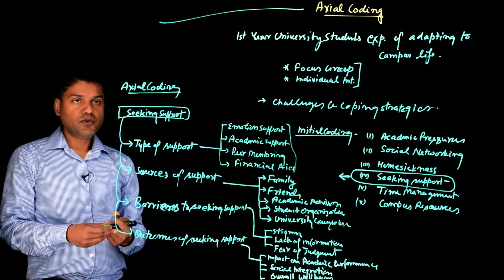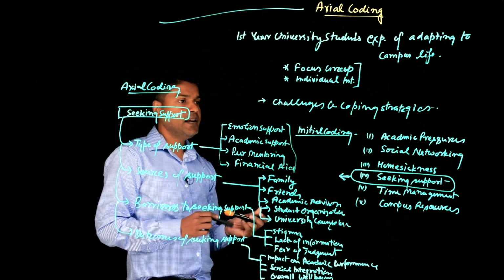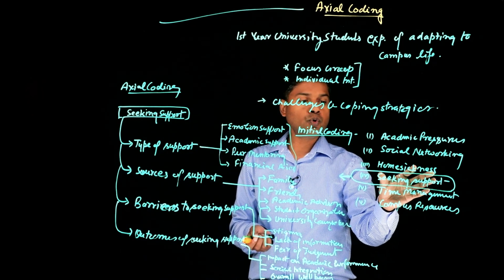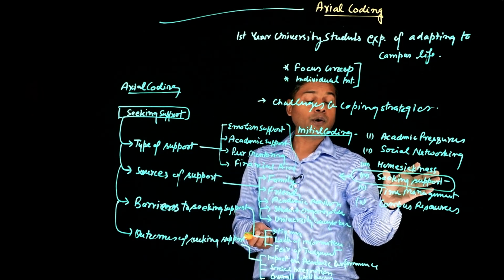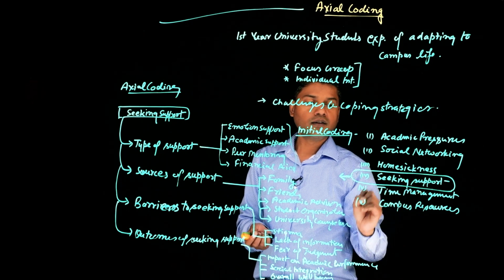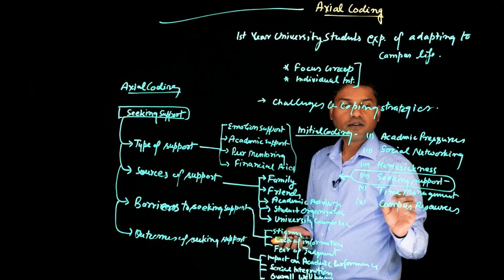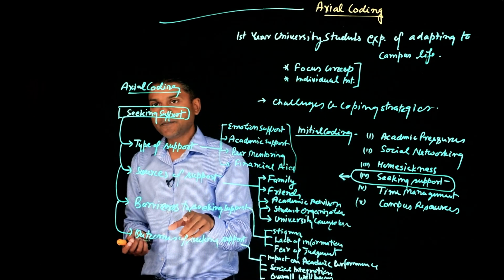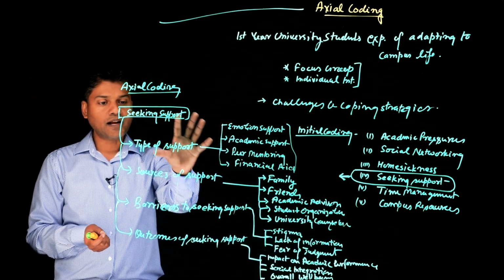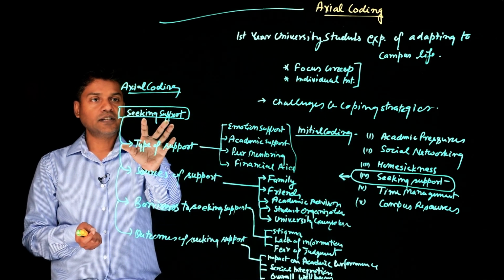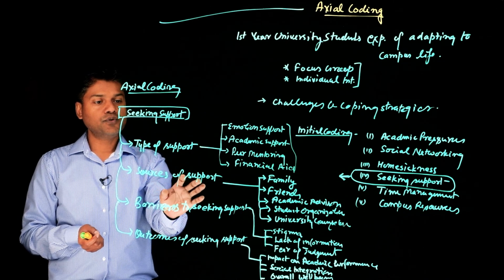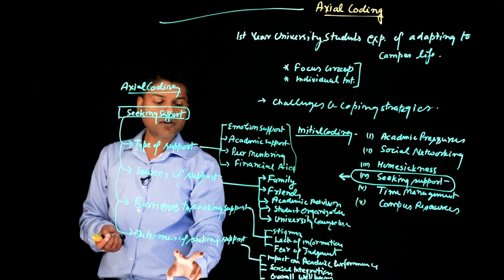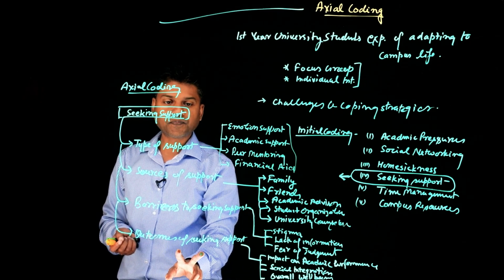So you notice that I started with the main category, one category which I think has more analytic power to explain the phenomenon. I use this one, and then I go back to the data and try to develop more subcategories around it: seeking support, type of support, sources of support, barriers to seeking support, and outcomes of seeking support.